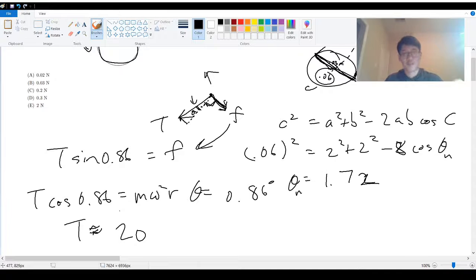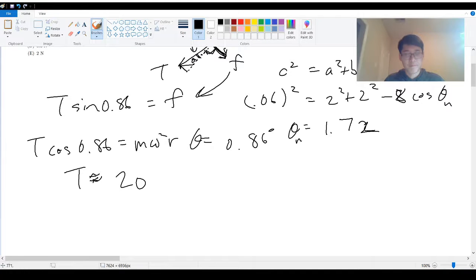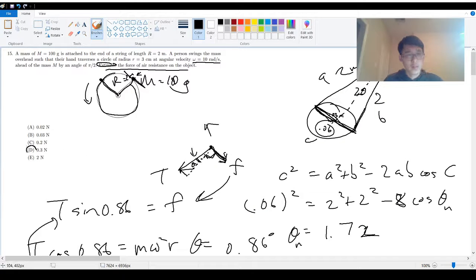It's a very close approximation. And then if we finally plug this back into here, that means if you take the sine of this, you get that the answer is 0.3 units. So the answer is D.